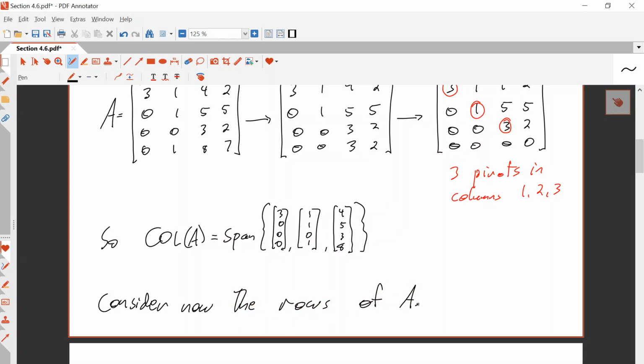We've been talking about columns of A a lot, but now let's consider the rows of A. Of course, they're not vectors in the sense that we've normally talked about. Vectors in the sense that we've normally been talking about are essentially n by 1 matrices: however many rows, one column. But there's no real reason to insist that they be n by 1 matrices.